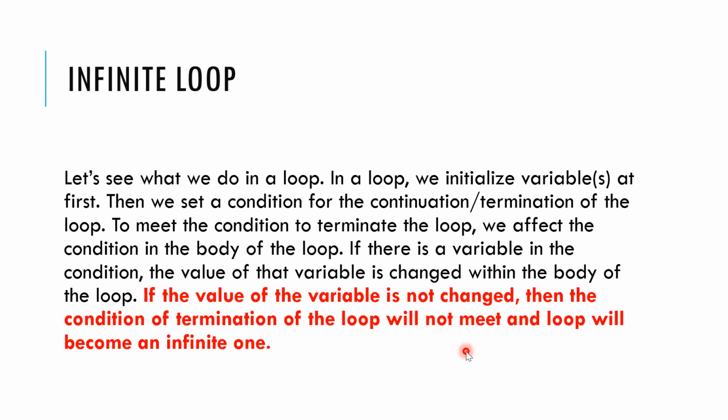happening in a loop? In a loop, we initialize a variable at first, then we set a condition for the continuation or termination of the loop. Then, to meet the condition to terminate the loop, we effect the condition in the body of the loop.